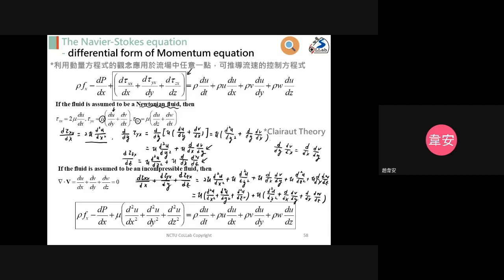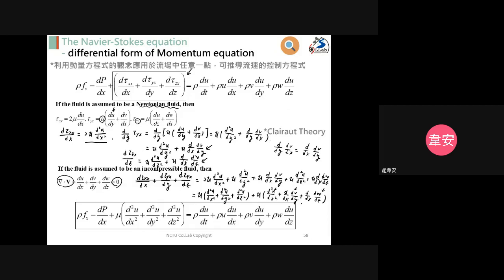So for these items, we can also take the ∂/∂x outside. So inside we only have ∂u/∂x, ∂v/∂y and ∂w/∂z, right? So we assume our fluid is incompressible, and then we know that the fluid needs to satisfy that the divergence of the flow velocity vector is always equal to 0.